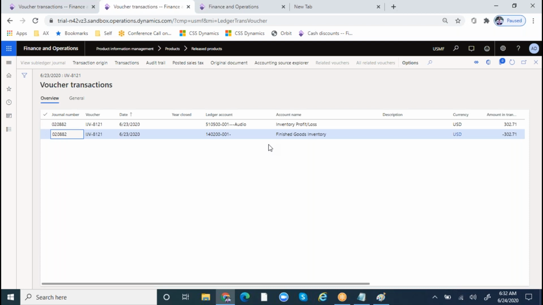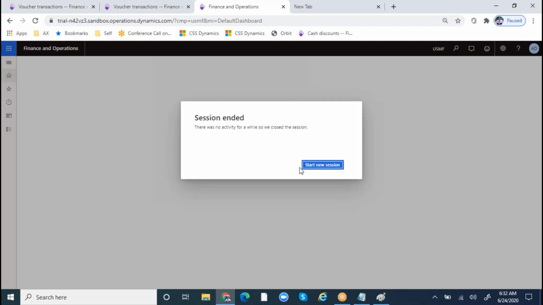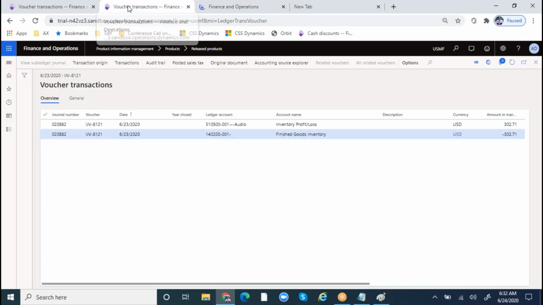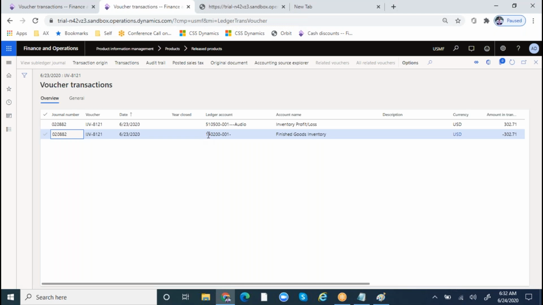So what is the name of that account? This inventory profit and loss? Yes. We have mapped those accounts here. It is ledger account 140,200 and 510,500.